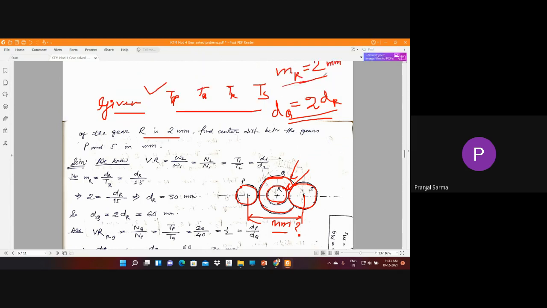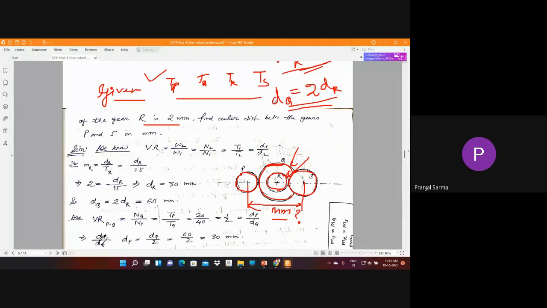Also the module value for R is given. We know the module m equals d by t. Module for R is given, teeth for R is given, so diameter for R, which was not given previously, we can find out. Once we know the diameter of R, we can find out the diameter of Q. Once Q is known, if we also know the diameters of P and S, we will be able to find this particular distance by using simple geometry.